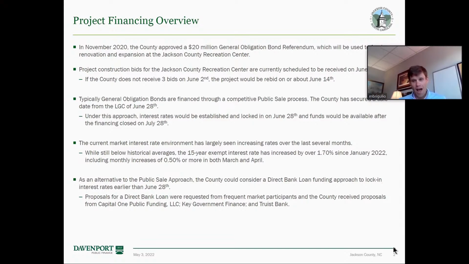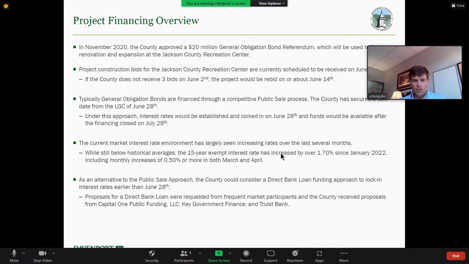And that rising interest rate environment has continued throughout this year, and it's actually picked up over the last couple months. In both March and April, interest rates were up each month by over 50 basis points or 0.5%. So we're seeing some larger increases month over month in the interest rates this year.